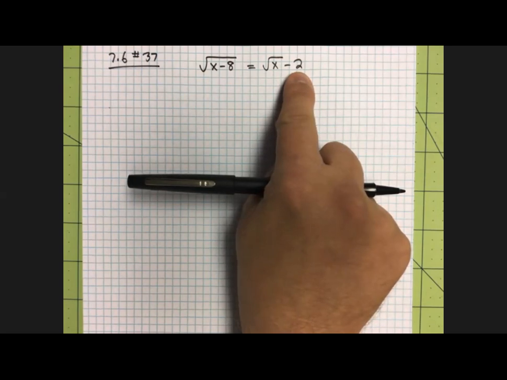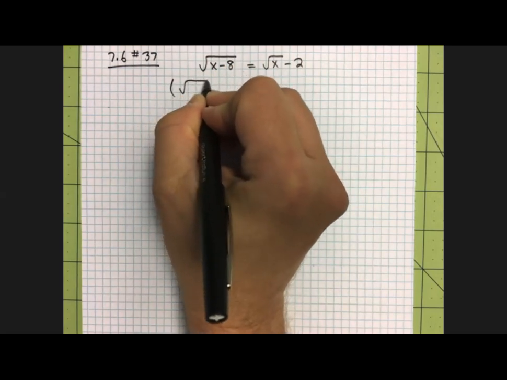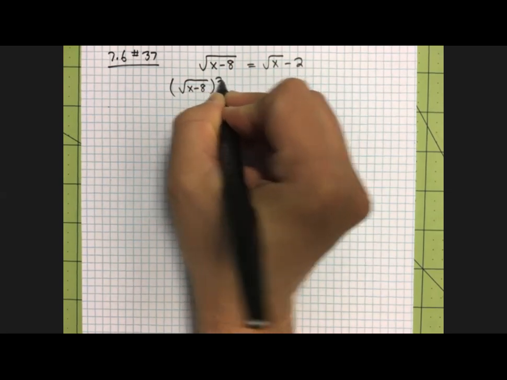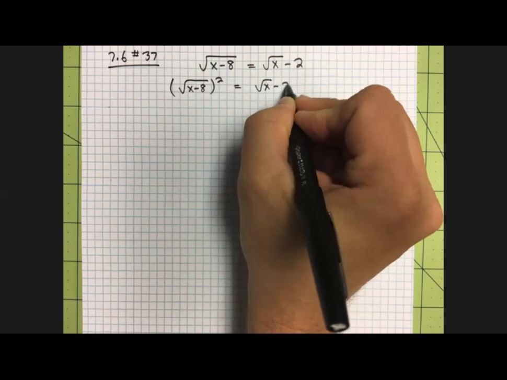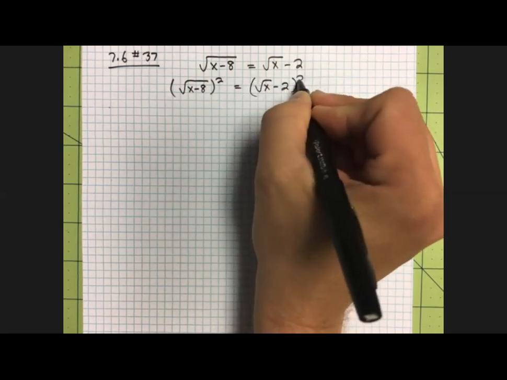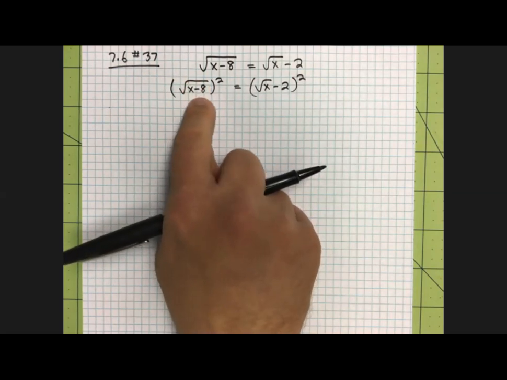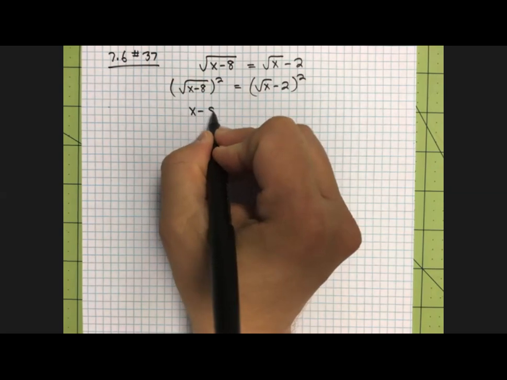But let's just go straight ahead. Let's just go like we tried every other problem. Let's square both sides, because so far that's worked. And it will work here if you square properly. So now I'll square both sides. And where I have this square root isolated by itself, that's just x minus 8.